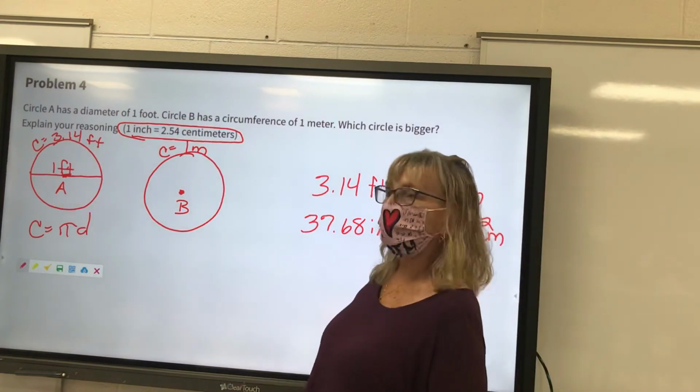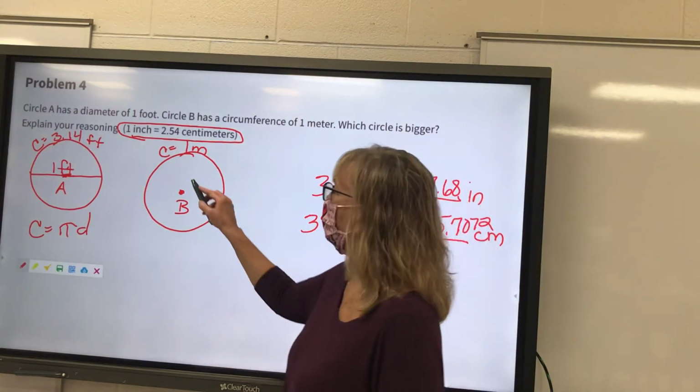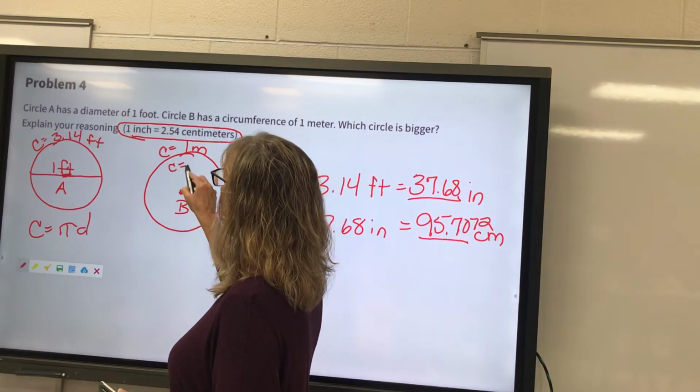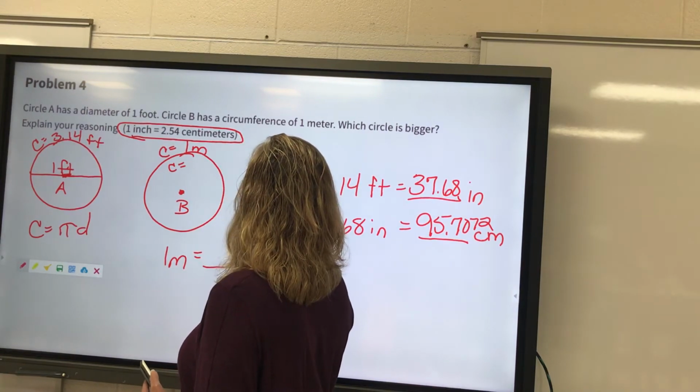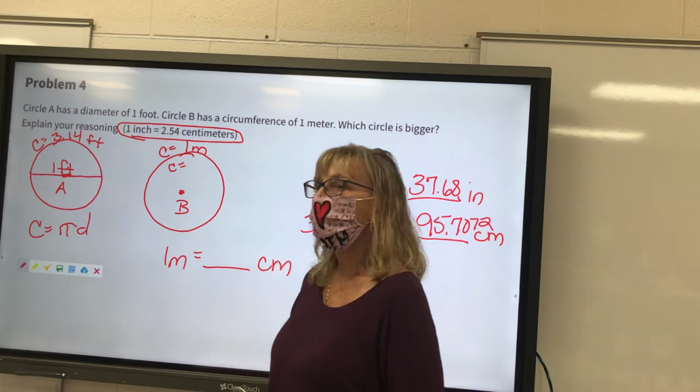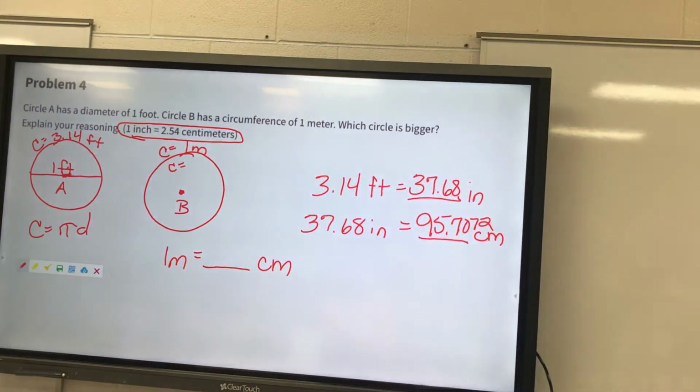Okay, 1 meter equals how many centimeters? Now we're all in meters. So if the base is meters, I'm going to multiply by 100, right?